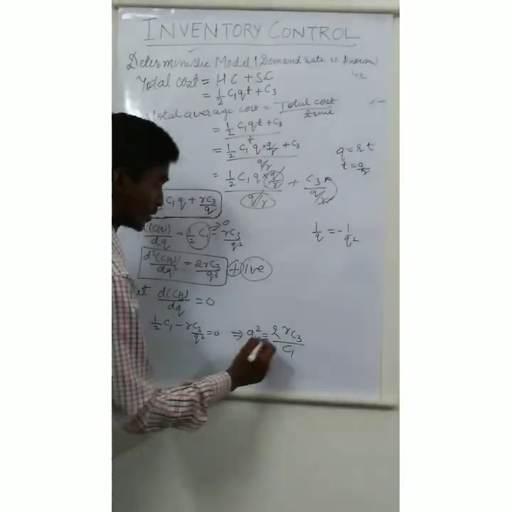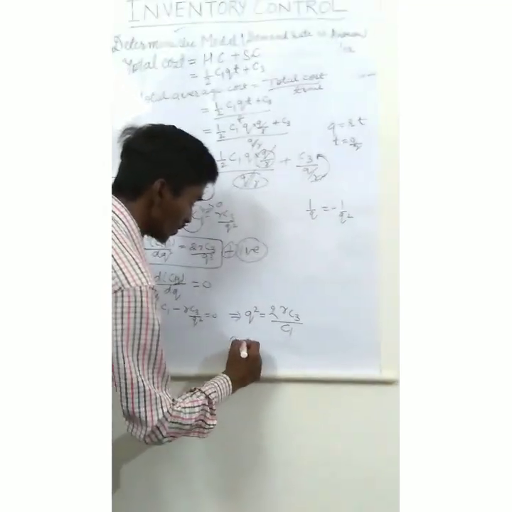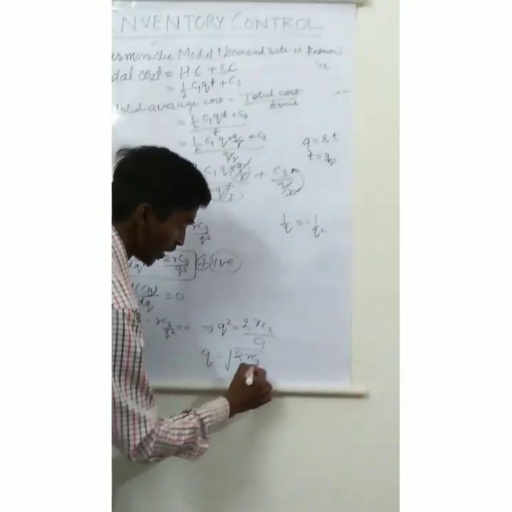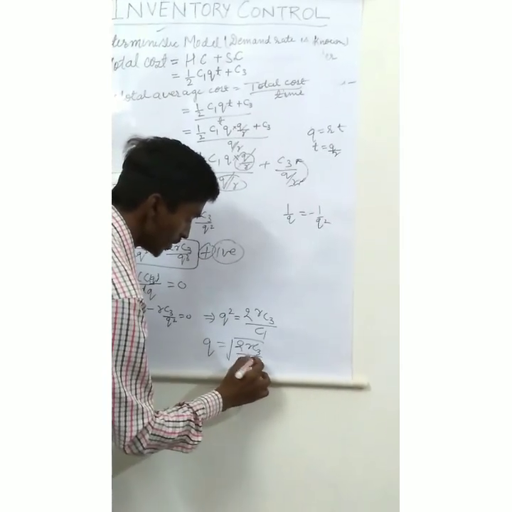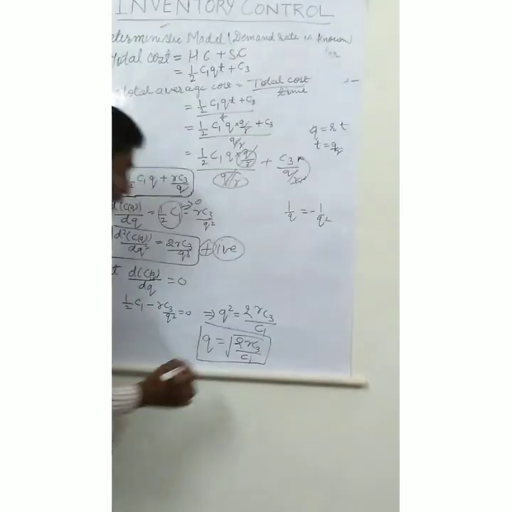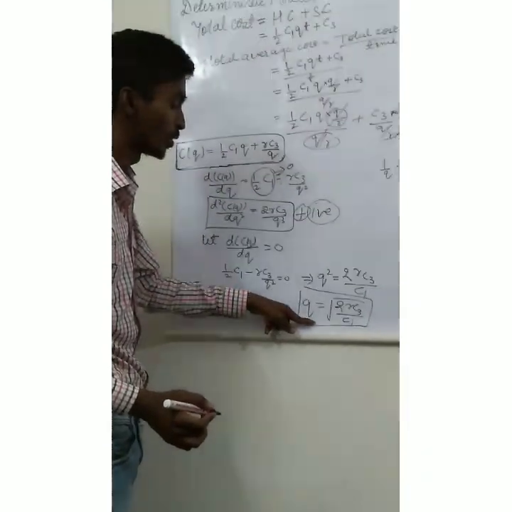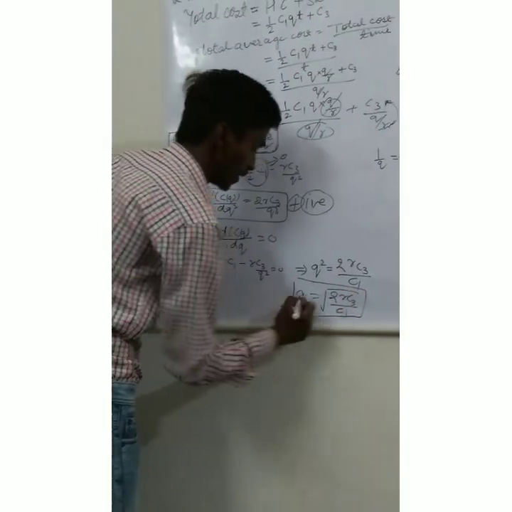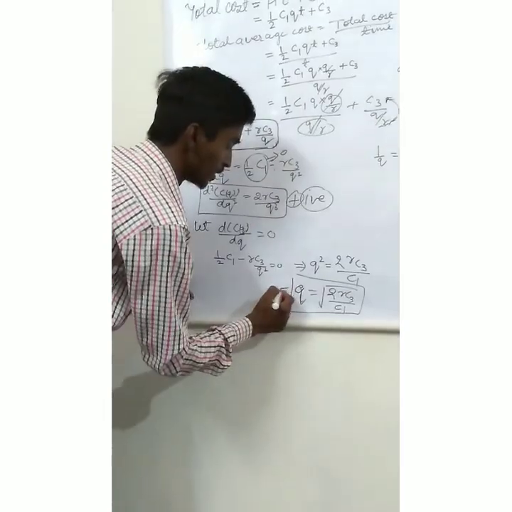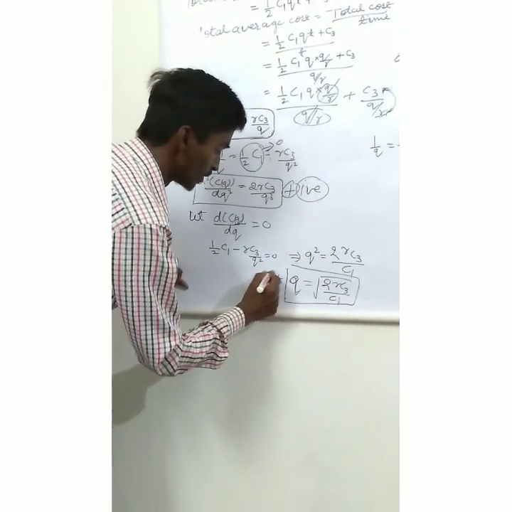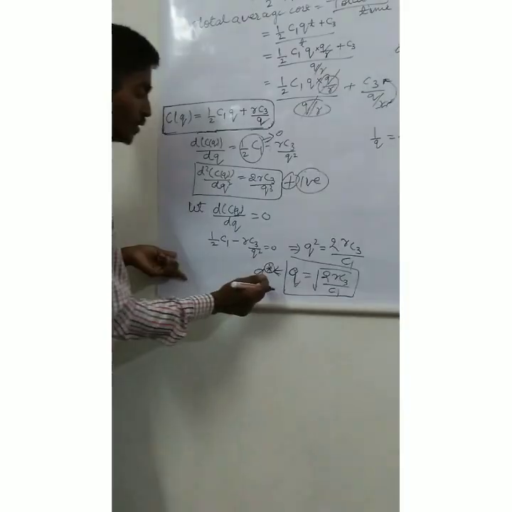So Q is equal to root over 2RC3 upon C1. This is the economic lot size for minimum cost. We represent it as Q star, so that we do not get confused between Q and Q.